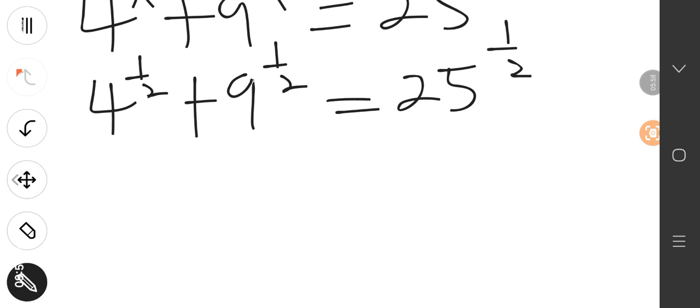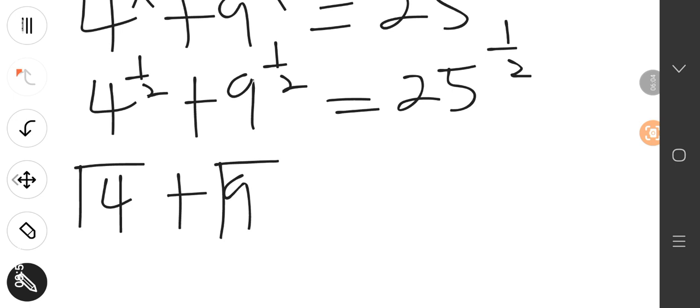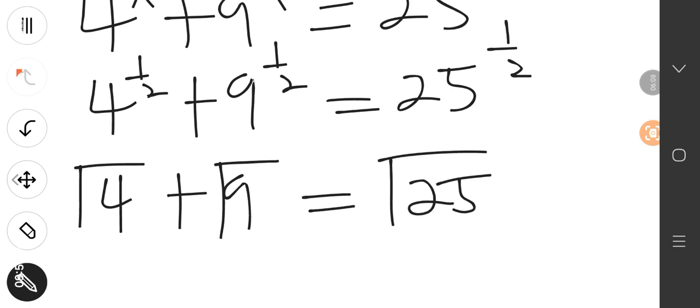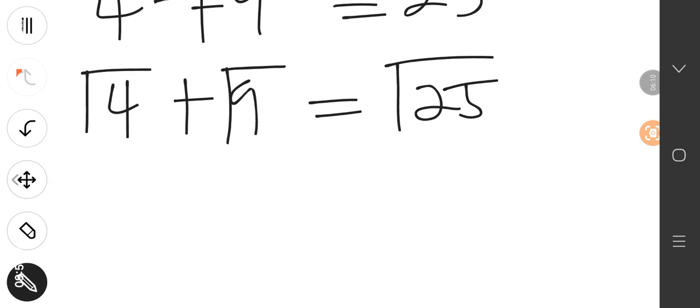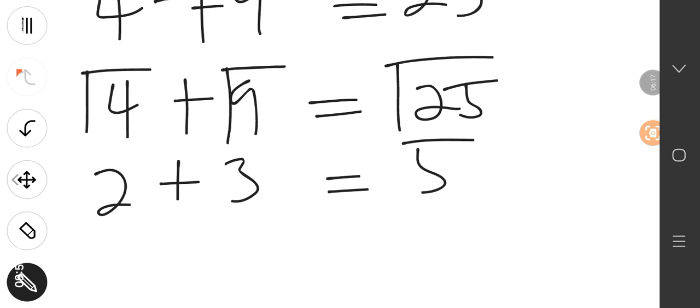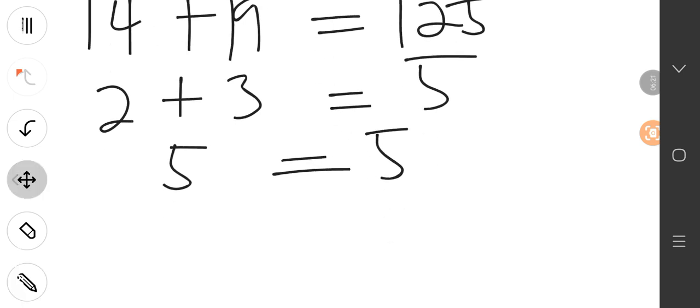Now half is the same as square root, so you can write the square root of 4, the square root of 9, and the square root of 25. The square root of 4 is 2, the square root of 9 is 3, the square root of 25 is 5. So you have 5 equals 5, so you can see the equation is satisfied.